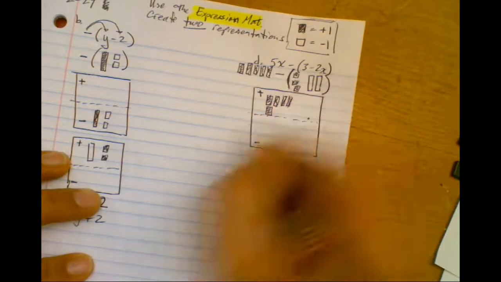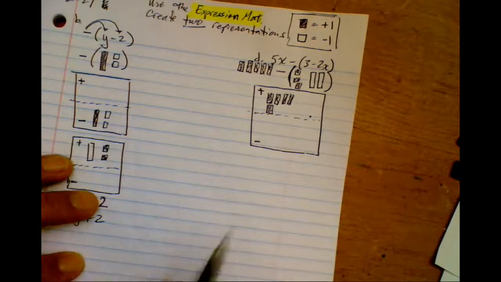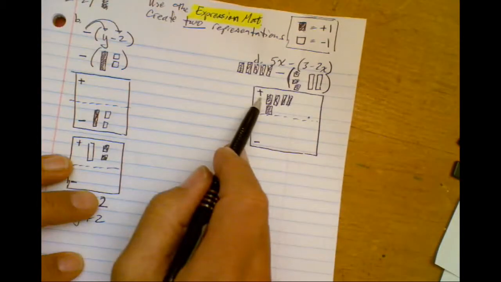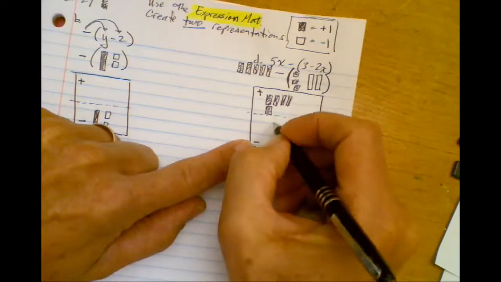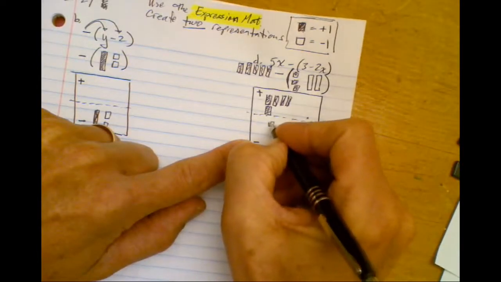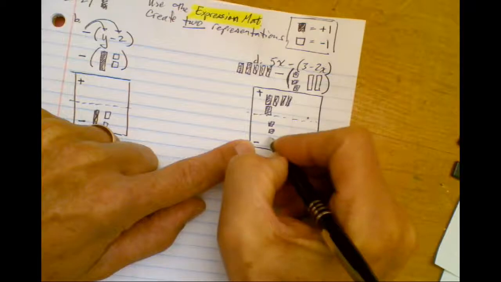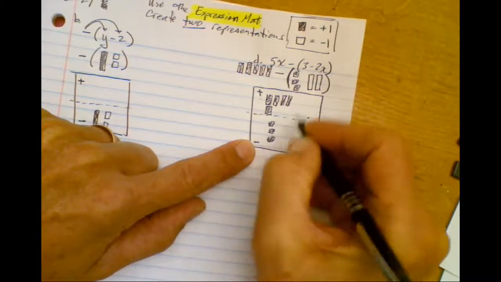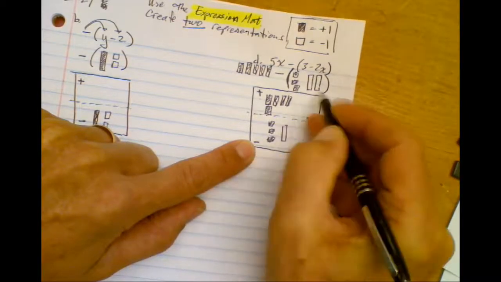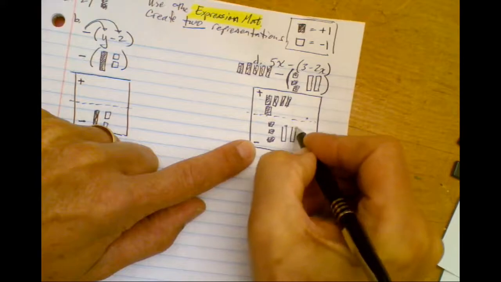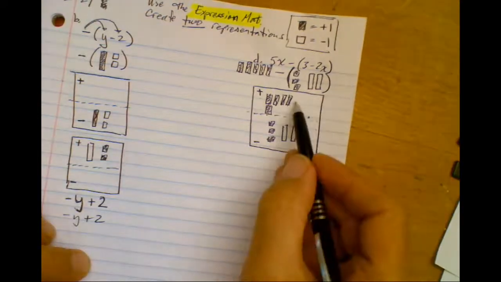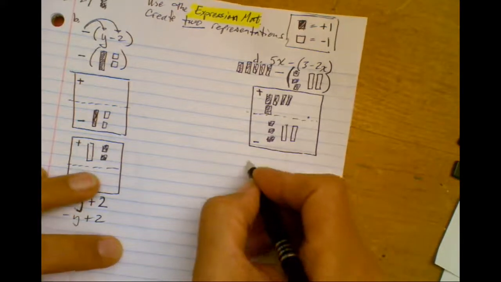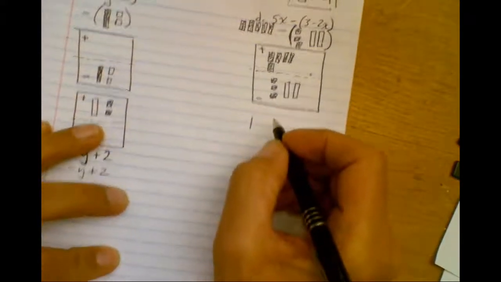I'm trying to also not make this drawing so enormous. So there's my 5x, and I've got the opposite of this. So I'm going to put this in the opposite: 1, 2, 3, and then the 2 negative rectangles here. Well, I'm just going to apply the opposite and bring it over to the other side, just like I said. I'm going to move this up here.